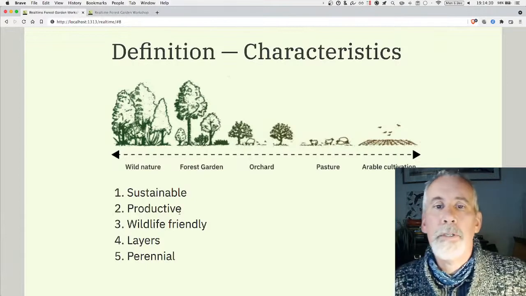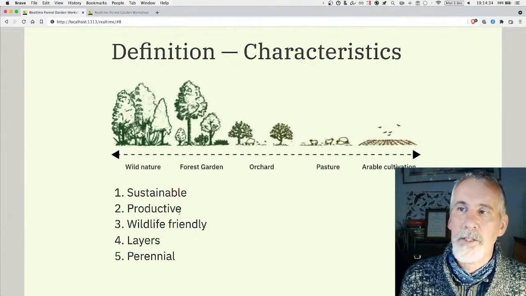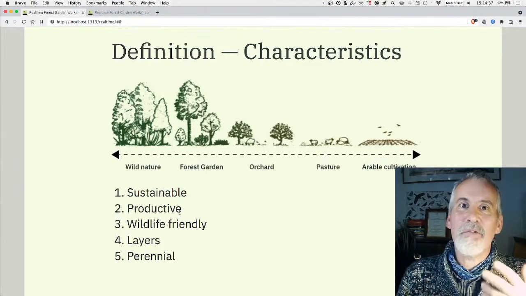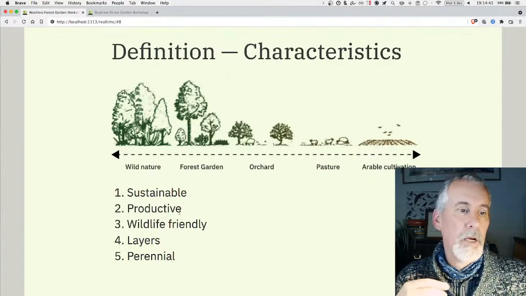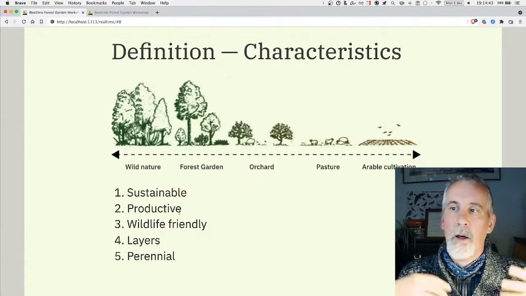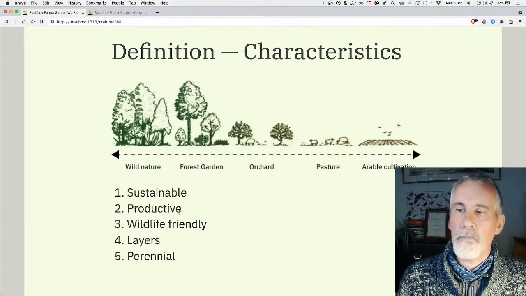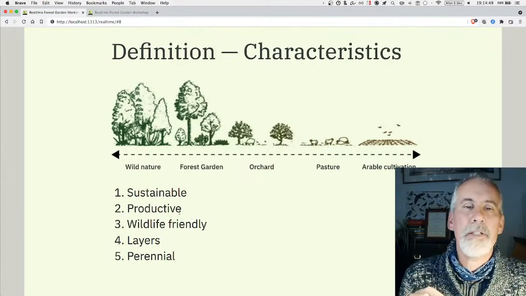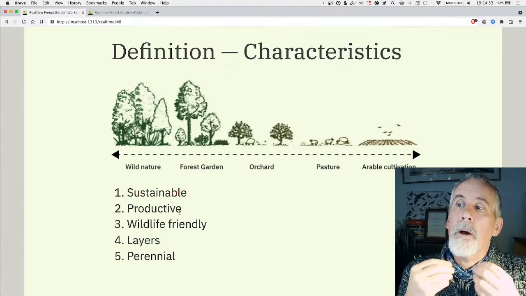A forest garden is also productive. What I absolutely love about a forest garden is that everything has a role, or multiple roles. You can eat some parts. Some parts are fertility plants. Other parts are habitat for wildlife. It's great. There's a whole range of different uses, but also a whole range of different crops.